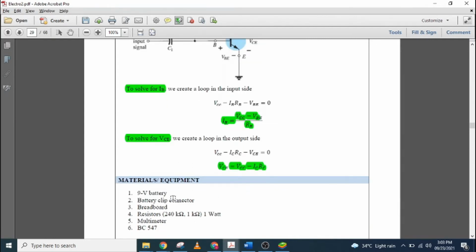Now for the materials and equipment, very important here, class, will be the 9-volt battery, our DC power source, our transistor, the BC547, and the resistors. The others, the battery clip connector, breadboard, and multimeter, we will not use. What we will do is a simulation.